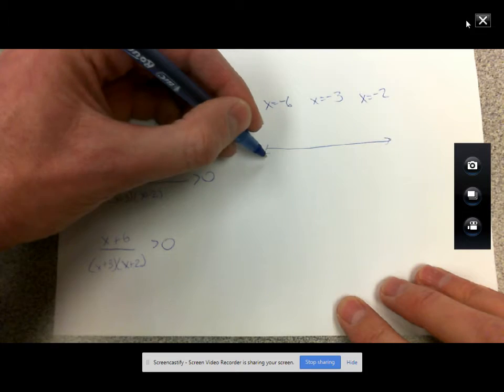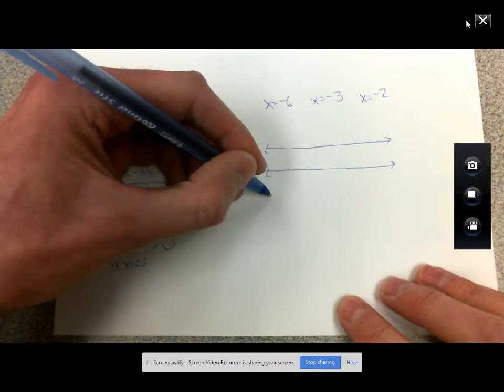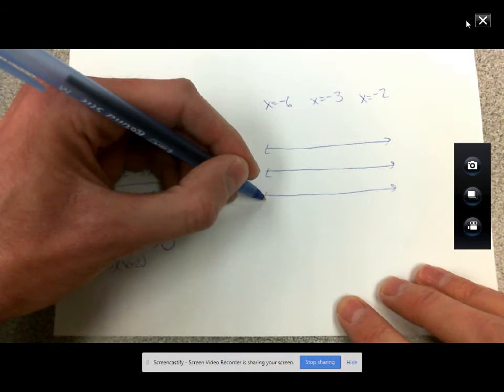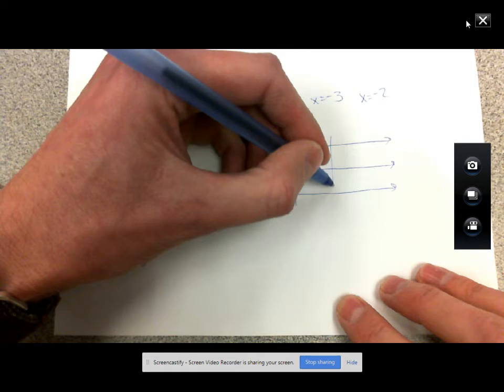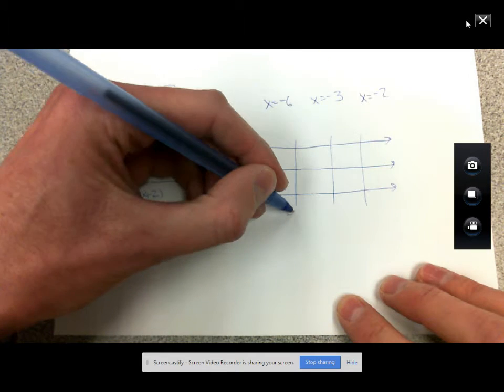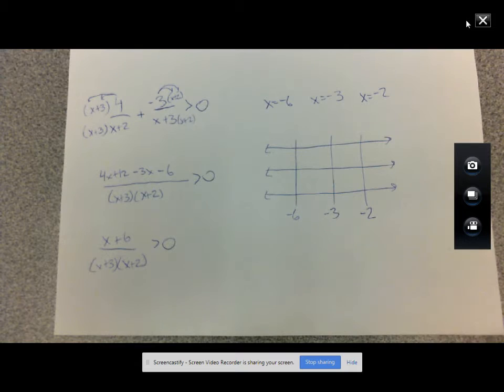The method, the way that we did it with these double line graphs, works if we have 3 as well, or 4 or 5 or 6. The method is the same. Even though it's a little bit more difficult and you maybe weren't expecting it, it does work with multiple points.